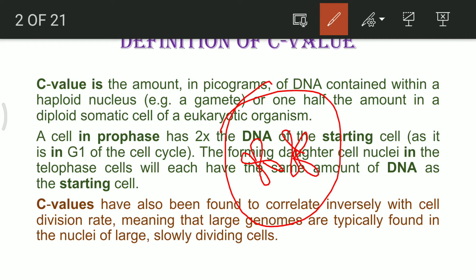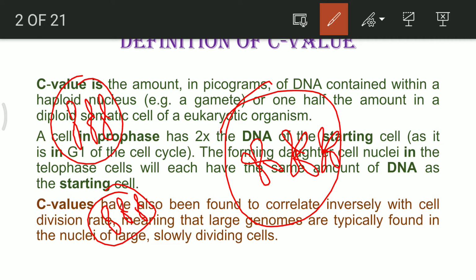At the end of telophase, we will have two cells, each having three chromatids. Now here it has to be understood that this is also 2n, these two are also 2n.